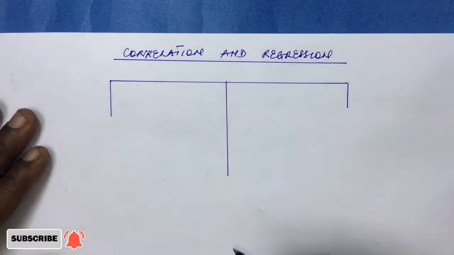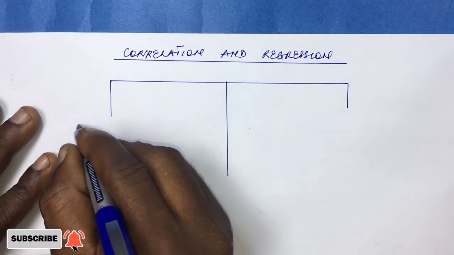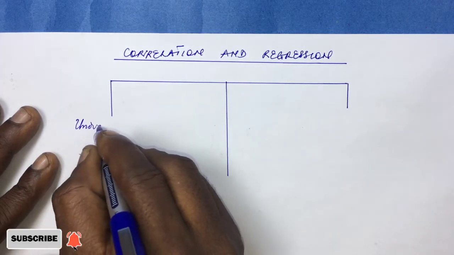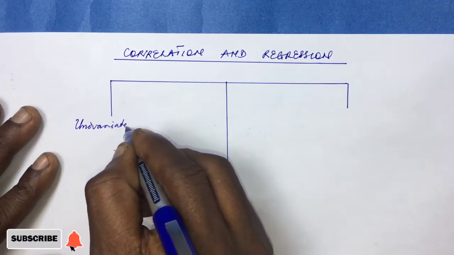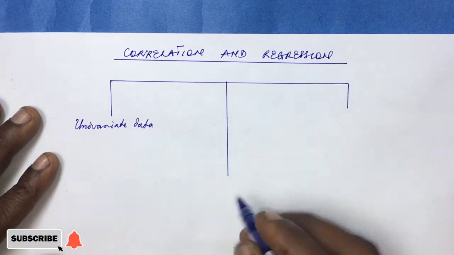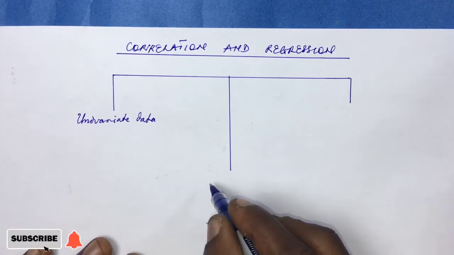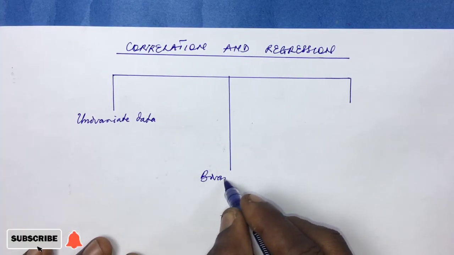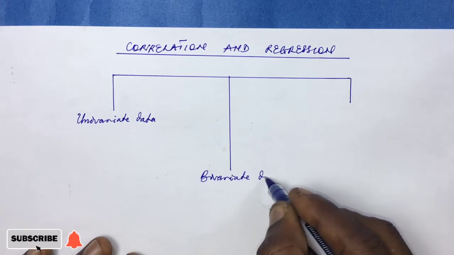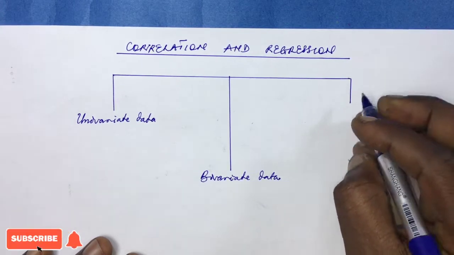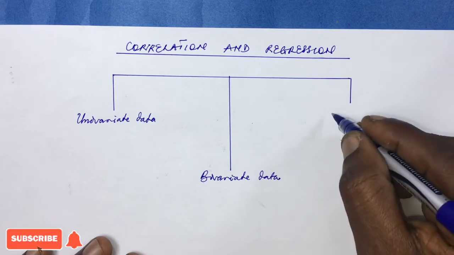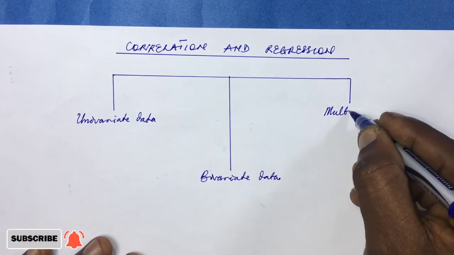Now, I'm going to start with what we call a univariate data. Next, I will discuss what we call a bivariate data. And then finally, I'll discuss what we call a multivariate data.